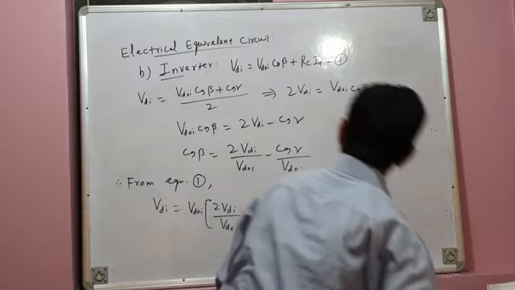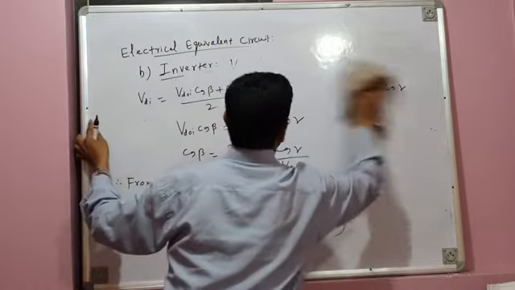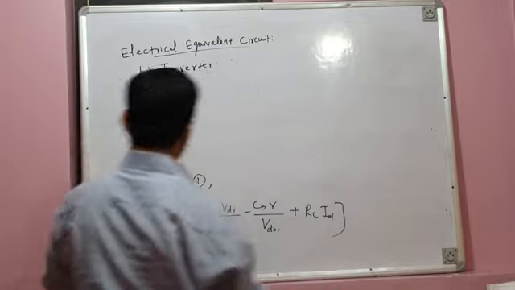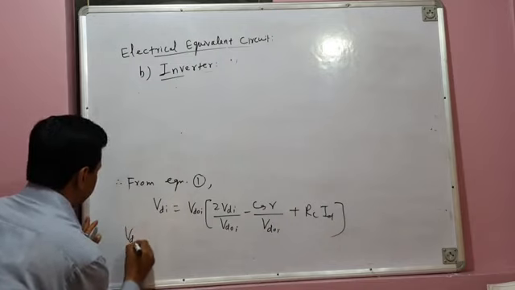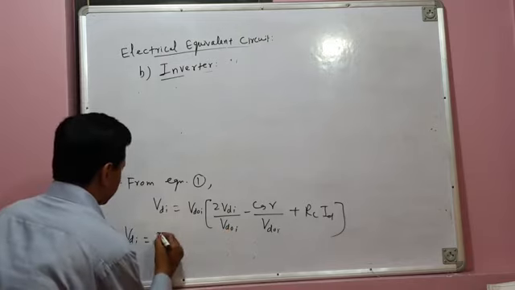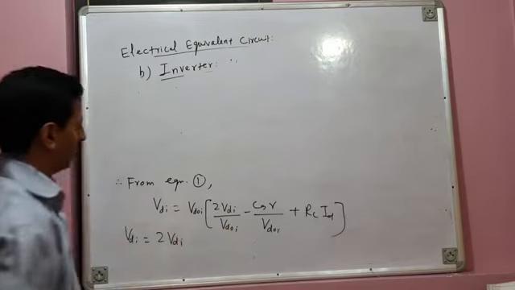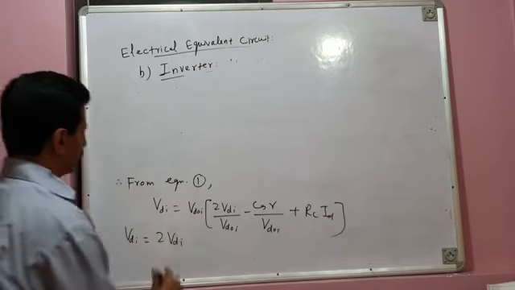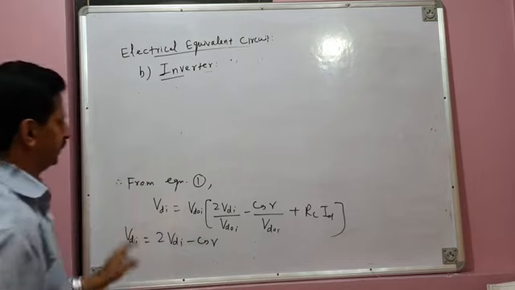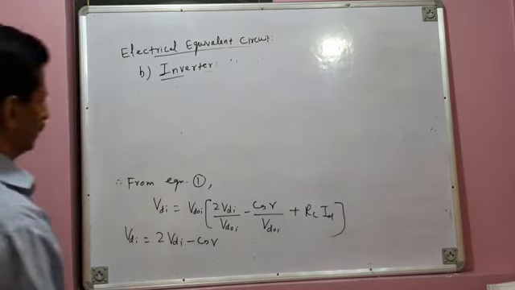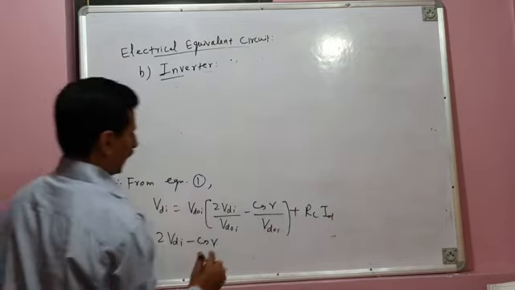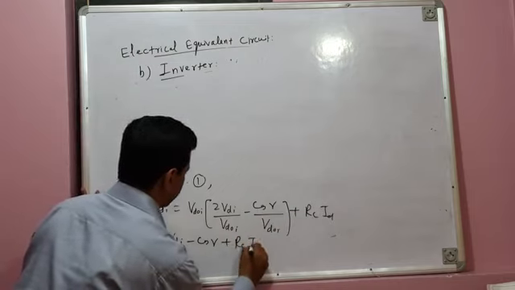Let us try to simplify it further. Further simplification will give VDI is equal to, you multiply this here, VDOI goes, so you get 2 VDI minus VDOI cos gamma, plus RCID.